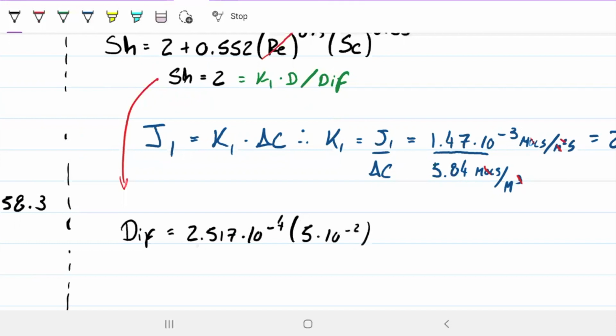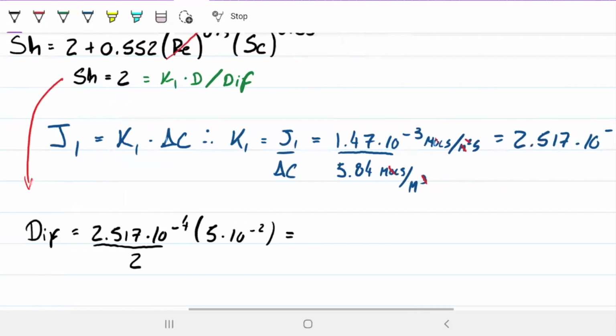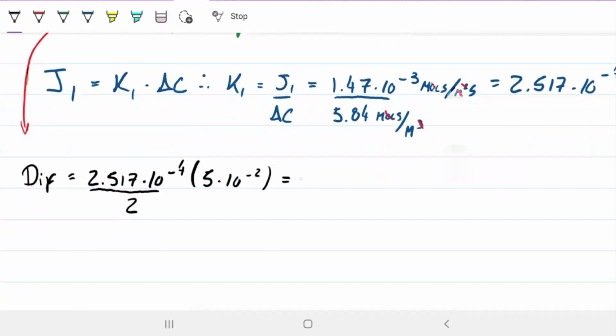And we're dividing everything by Sherwood's number, which happens to be 2. So the diffusion coefficient for this problem here is approximately 6.293 times 10 to the minus 6 meters squared per second.